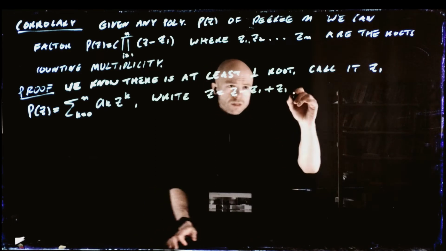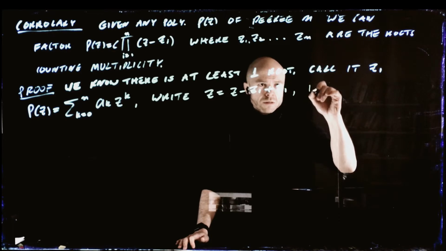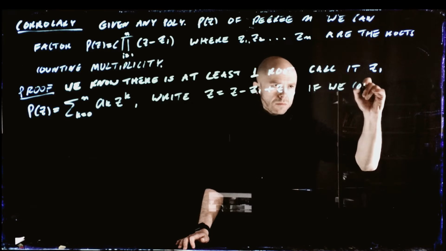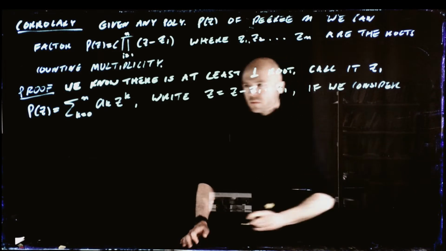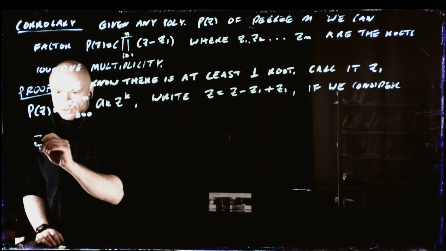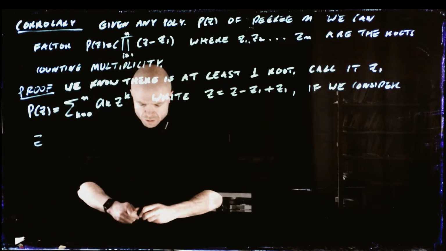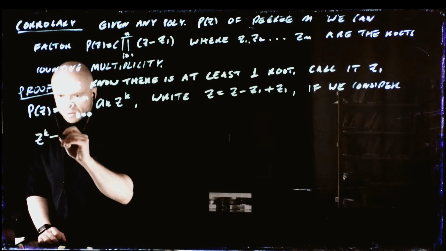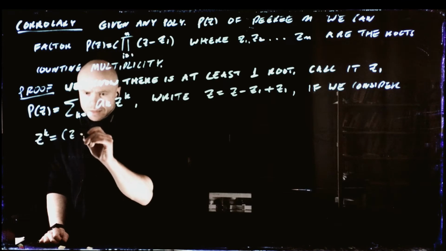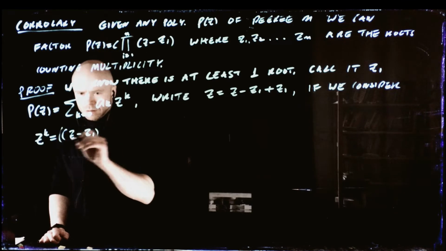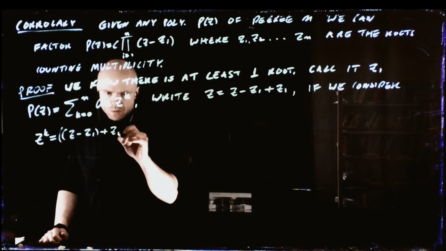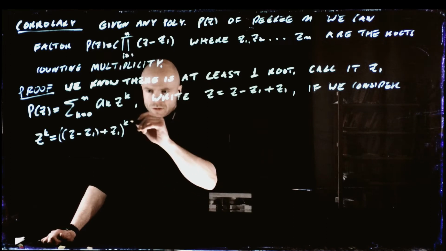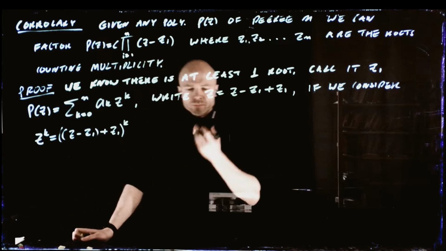So if we consider one of these expressions, z to the k, then that's the same as z minus z1 plus z1, to the k. Yeah? That's a true thing.